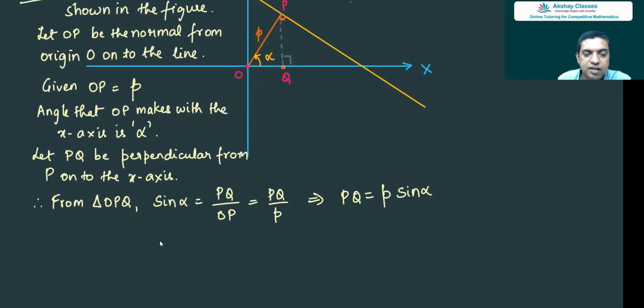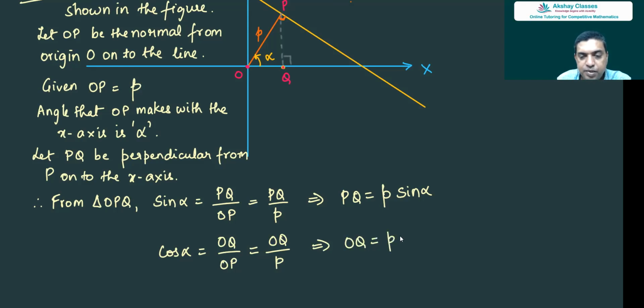Now cos alpha: sine alpha is opposite side by hypotenuse, cos alpha is adjacent side by hypotenuse. So OQ by p. So OQ is p cos alpha.